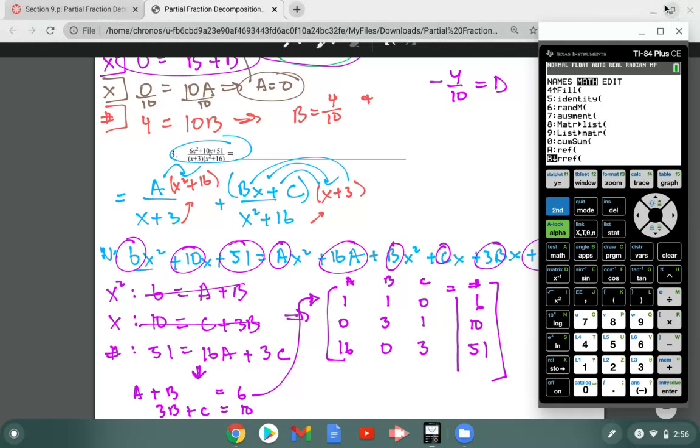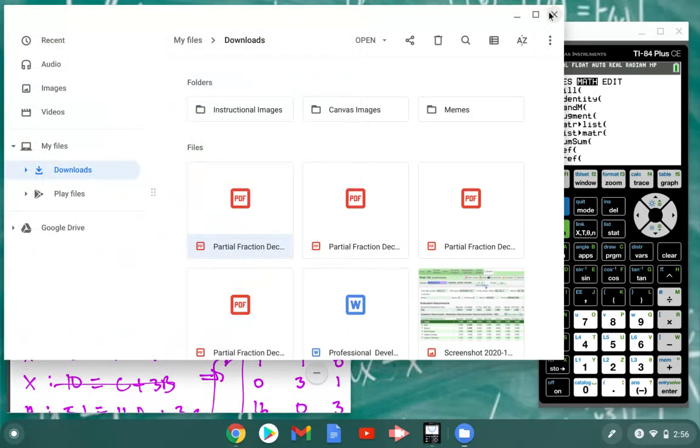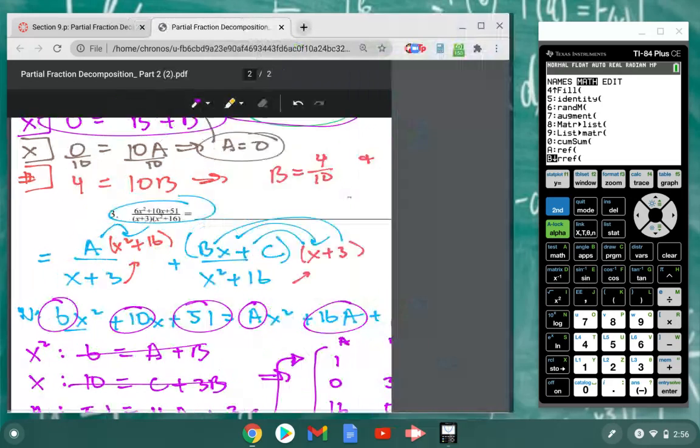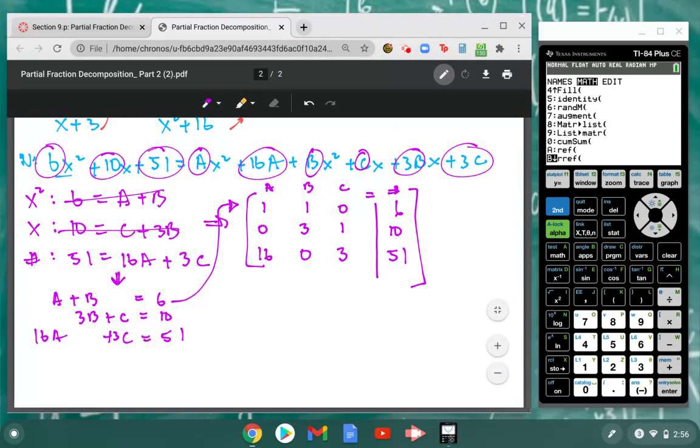Let me make this a little bit smaller so you can see both things here. Okay, so now I want to do RREF of matrix A. So I choose RREF, I hit enter, and it says RREF of what?